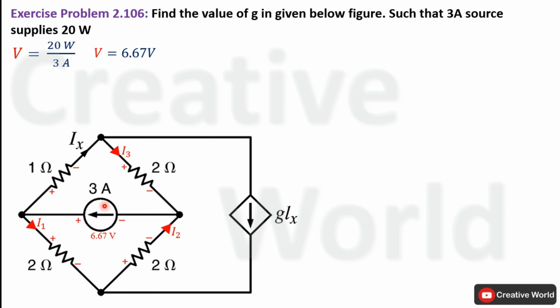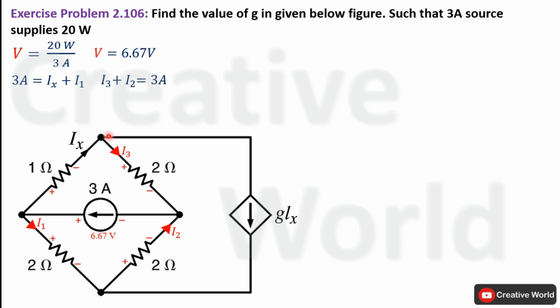Now we will write Kirchhoff current law equations for these particular nodes. Start from here. On this node only one current is entering, 3 ampere, while leaving currents are Ix and I1. And according to Kirchhoff's current law, entering current is always equal to leaving currents. Similarly, on this node, two currents are entering, one is I3 and other one is I2, while leaving current is only 3 ampere.